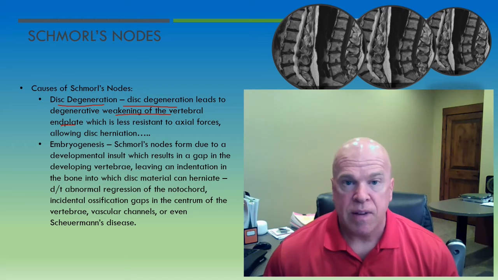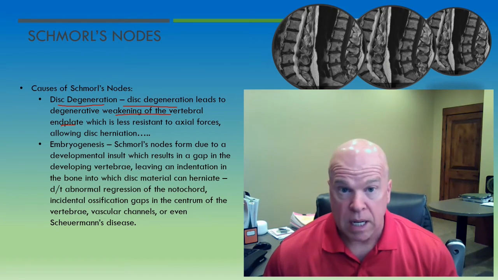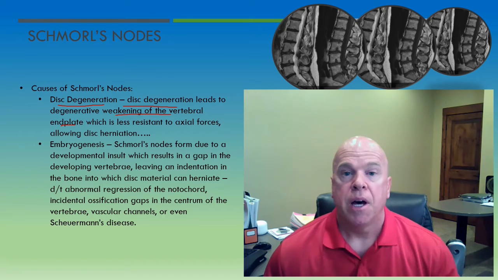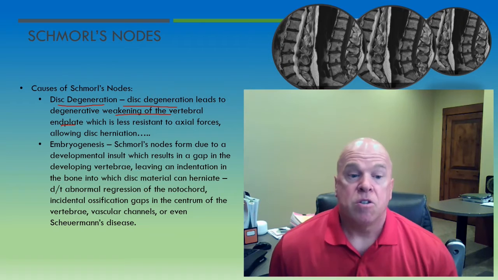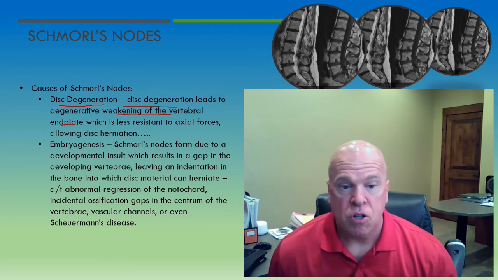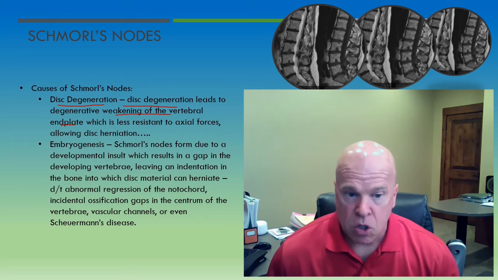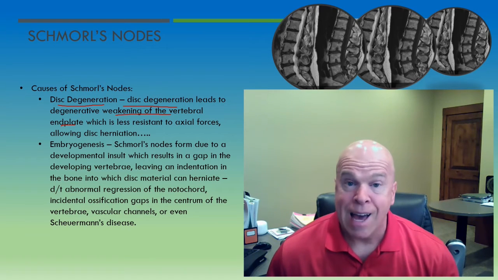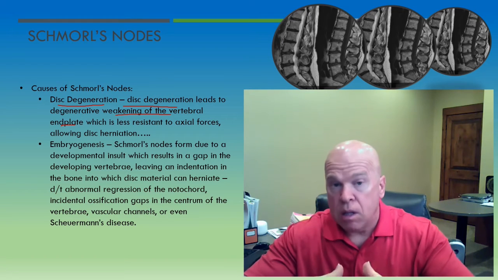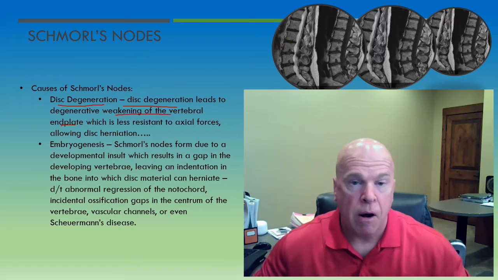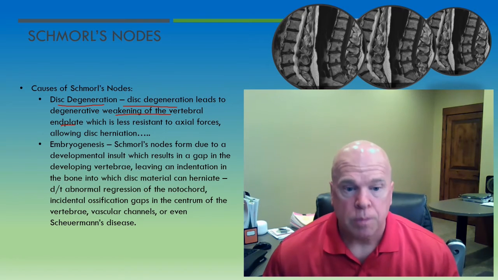So any defects in this developmental process can cause a deformity around the end plate of the vertebrae and even within the intervertebral disc itself. So this theory tells us that Schmorl's nodes form due to a developmental insult, which results in a gap in the developing vertebrae, a gap in the vertebrae around the area where the vertebrae surrounds the notochord.